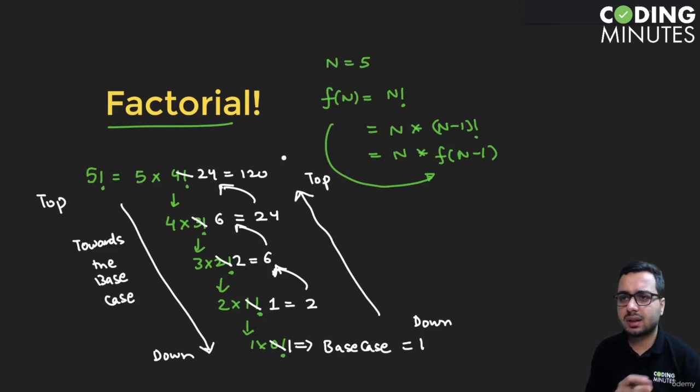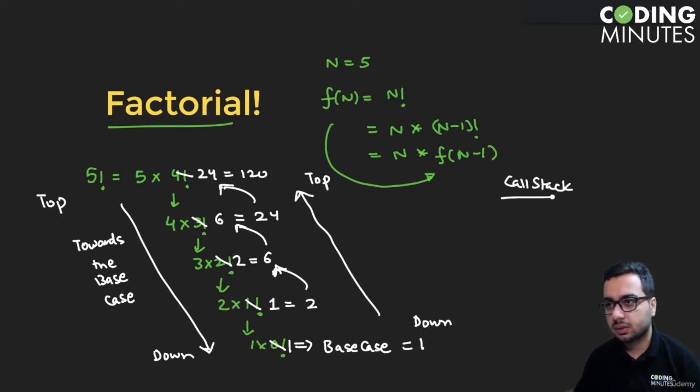Now you may ask, how will it work in the form of a program? When we write the code, we will take the help of the function call stack. I hope you remember the call stack concept. Let's say you have a function main and it makes a call to the function hello, which further makes a function call to, let's say, a function hi.